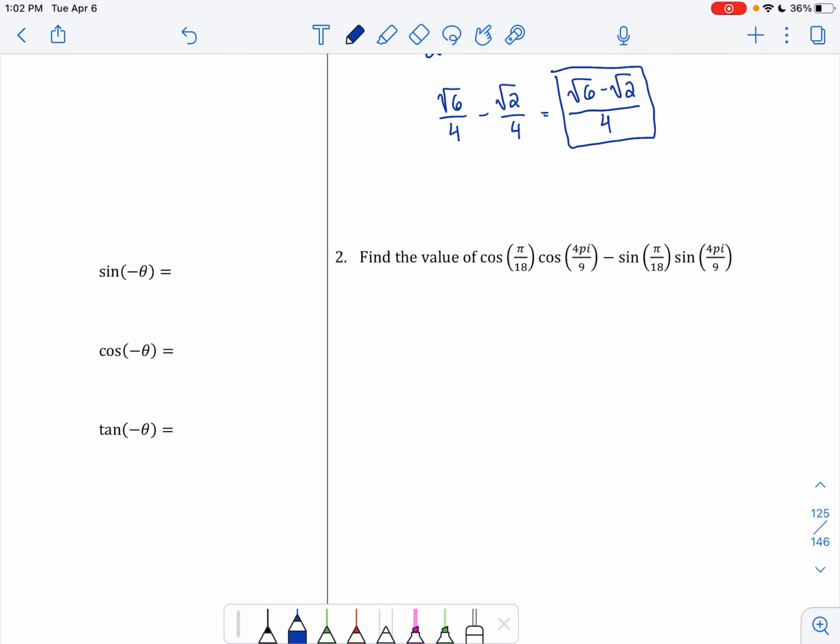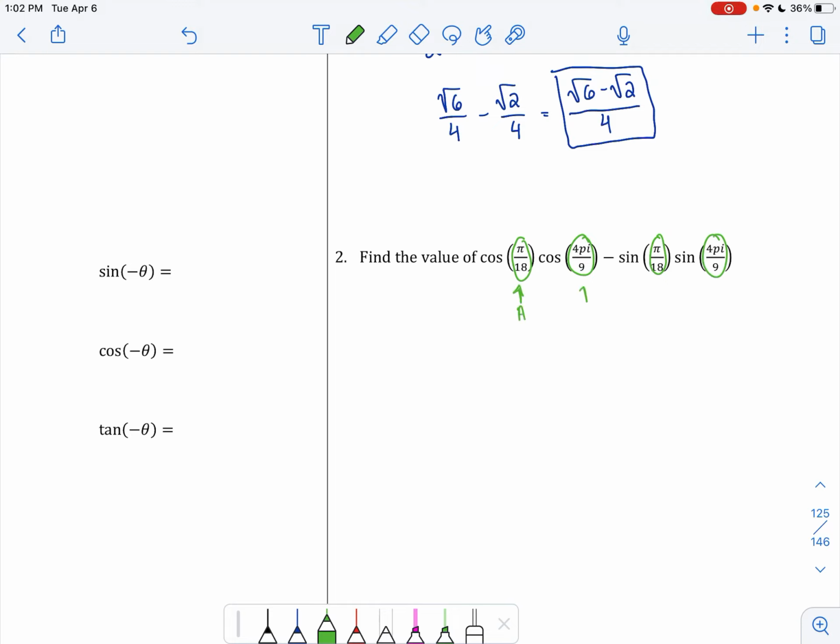Now here, find the value of cosine pi over 18 times cosine 4 pi over 9, minus sine pi over 18 times sine of 4 pi over 9. The main thing that we want to start by seeing is that these are the same.